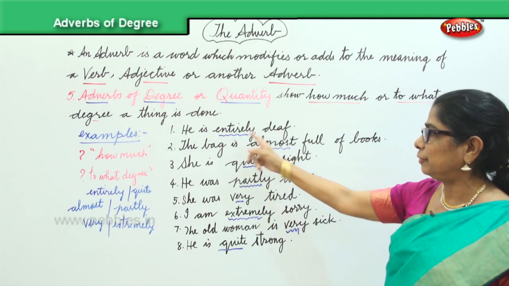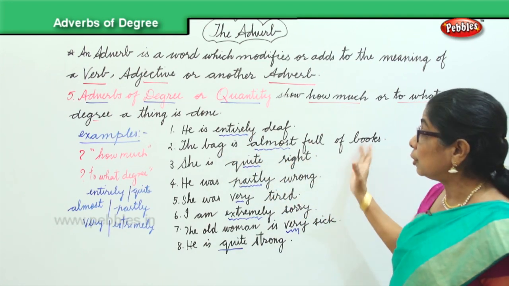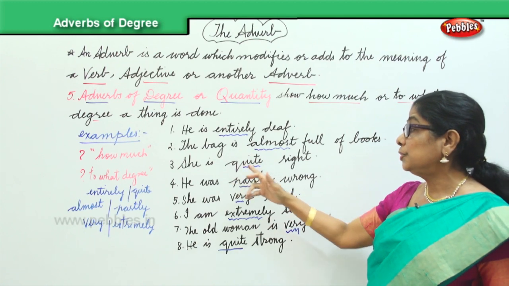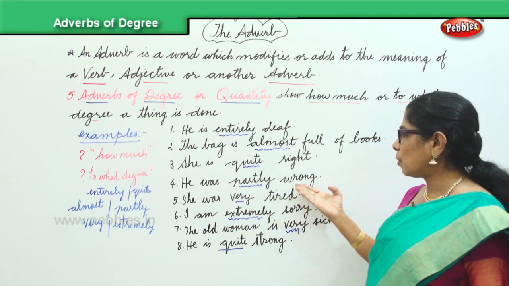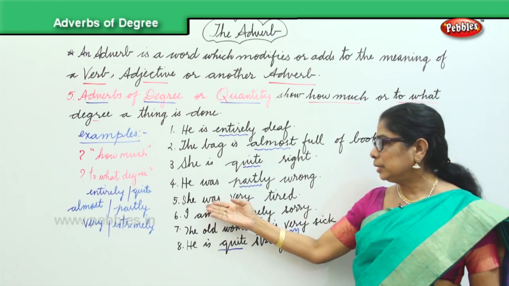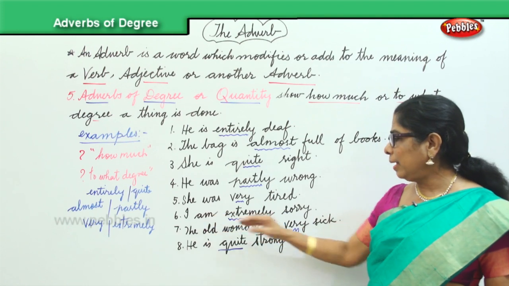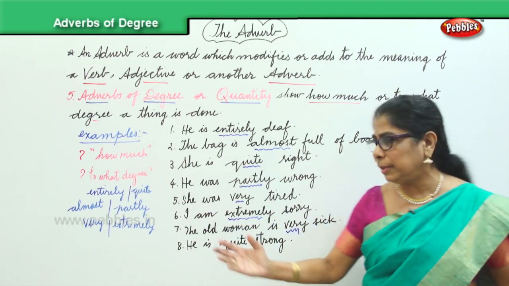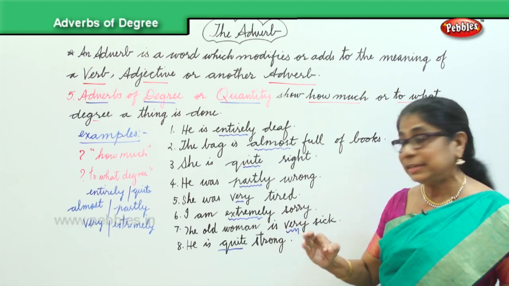He is deaf, entirely deaf. The bag is full of books, almost full. She is right, quite right. He was wrong, partly wrong. She was tired, very tired. I am sorry, extremely sorry. The old woman is sick, very sick.